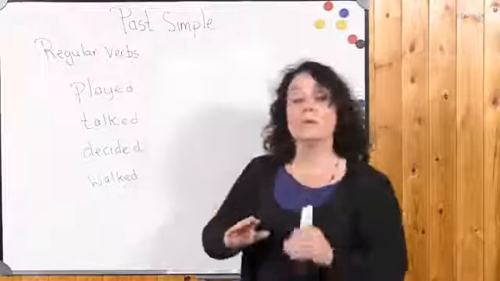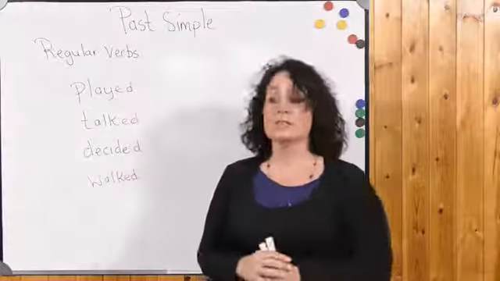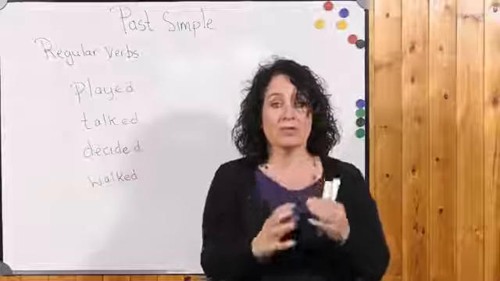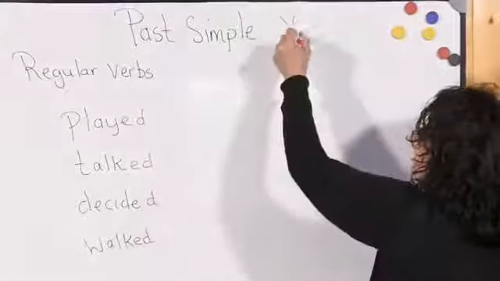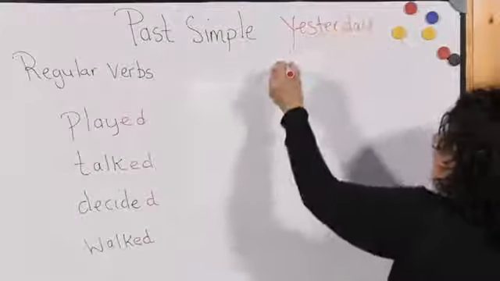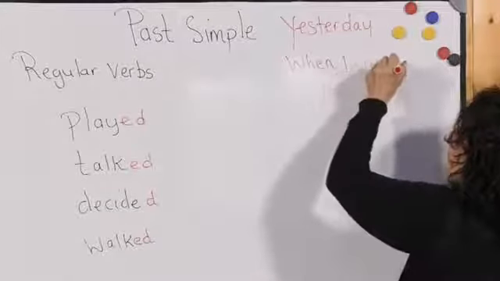Okay, so when we use these verbs in the past simple in a sentence, again we have to use time expressions in the past. So those time expressions, again, like yesterday, it could be when I was a child, language of the past.